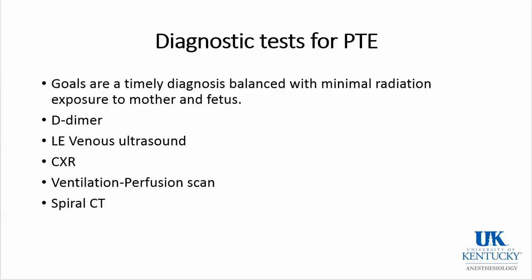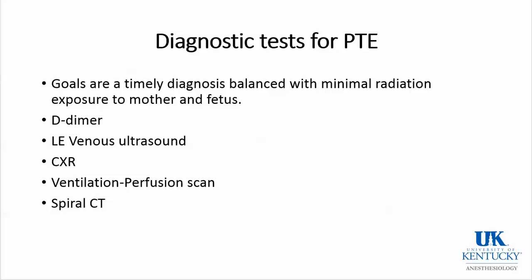However, pregnancy complicates things because a positive test is not specific for PTE in a pregnant woman. D-dimers are detectable during the second trimester, and they continue to rise during normal pregnancies, and they return back to baseline 6 weeks postpartum. So D-dimer is not an ideal test during pregnancy.